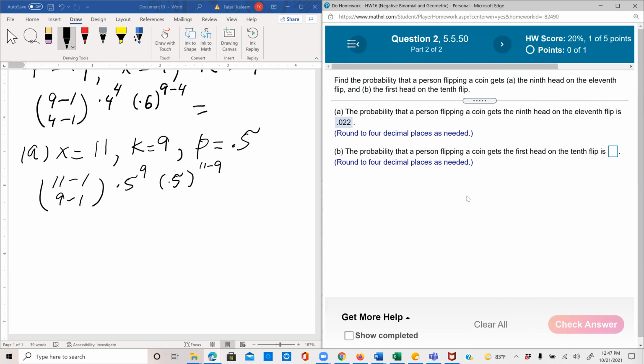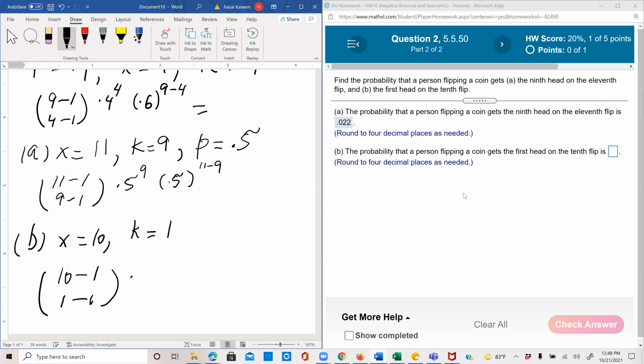And the probability that a person flipping a coin gets the first head on the 10th flip. So in part B, x is 10 and k is 1. So we have 10 minus 1 combination 1 minus 1, and 0.5 power k, so 0.5 power 1, and then 0.5 power x minus k, so 10 minus 1.